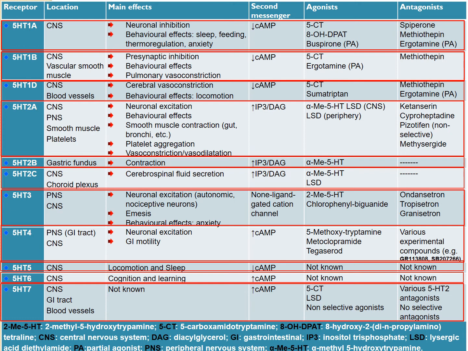It is mainly located in the central nervous system, gastrointestinal tract, and blood vessels, and its main effect is still not known, but its secondary messenger is cAMP and it functions through an increase in the intracellular concentration of cAMP. Its agonists are 5-CT, also called 5-carboxamidotryptamine, and LSD, that is lysergic acid diethylamide, a non-selective agonist.